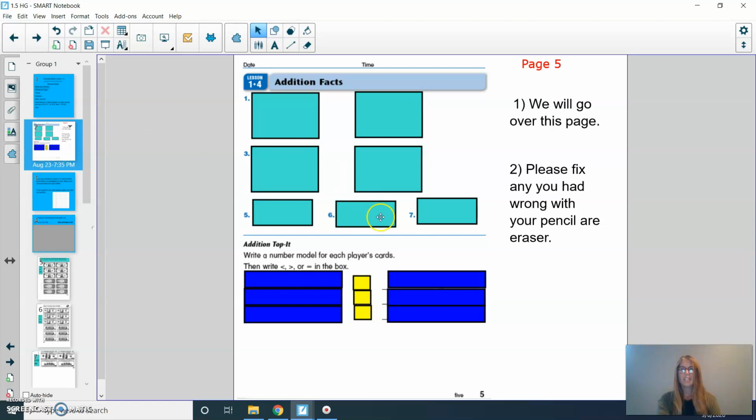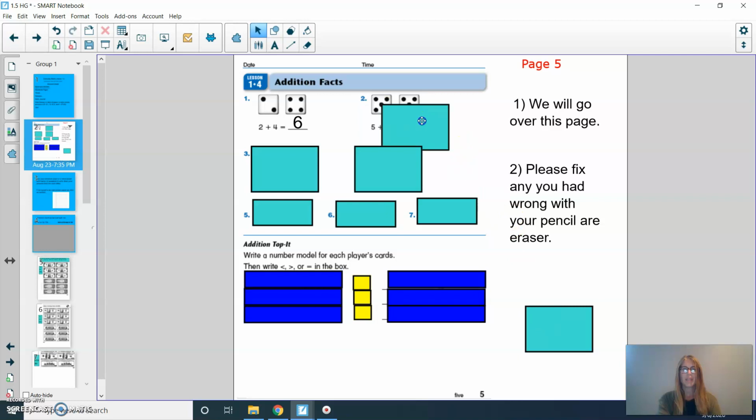The first thing that we're going to do is go over Math Journal page 5 from the previous lesson. If you're noticing that you have any mistakes, please fix those mistakes with your pencil and eraser. In this page, we were working on our addition facts. In problem number 1, we could see that 2 plus 4 equals 6. In problem number 2, we had 5 plus 5, which equals 10.